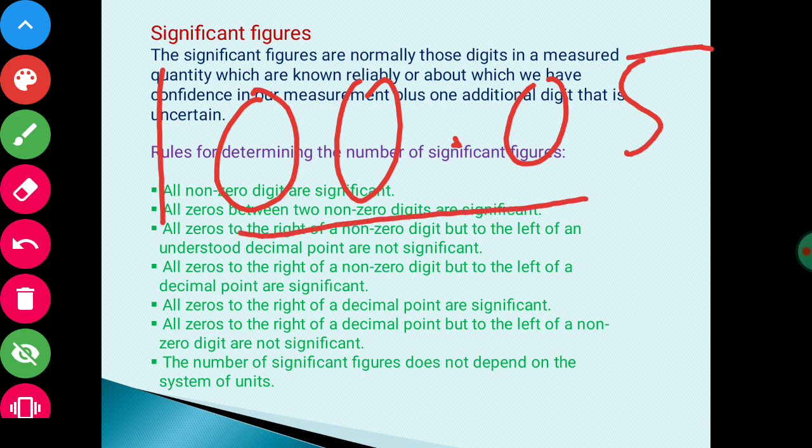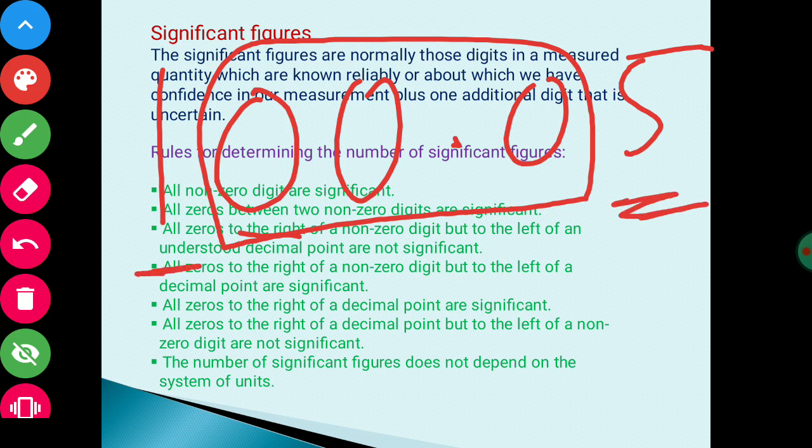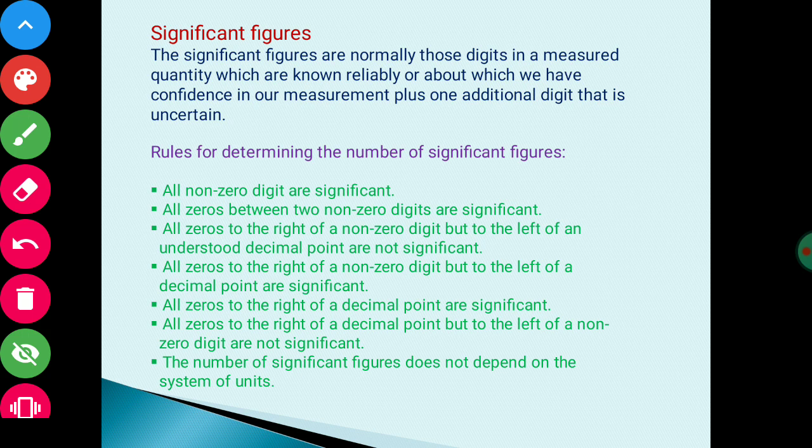See, these three zeros come between non-zero digits, so they are also counted as significant figures. So how many significant figures are there? 5. Is it clear? Good.